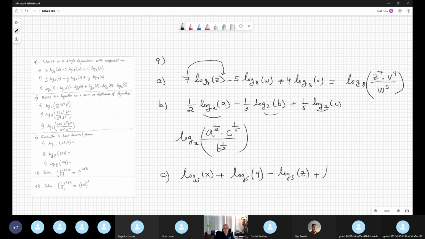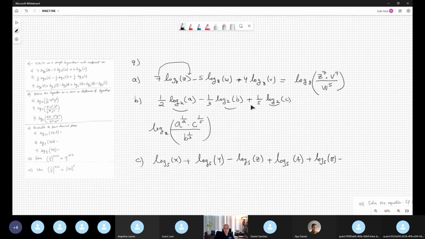Plus logarithm base 5 of capital A plus logarithm base 5, wow, too long, of capital B minus, let me zoom, logarithm base 5 of C. Okay, you condense it into only one log, base 5.